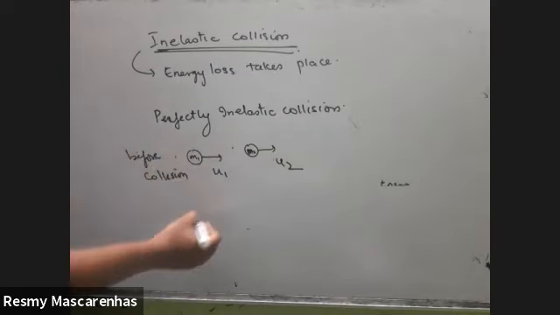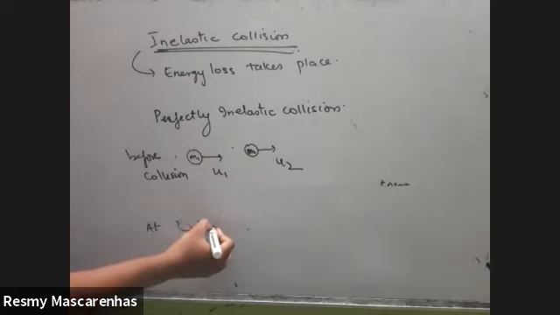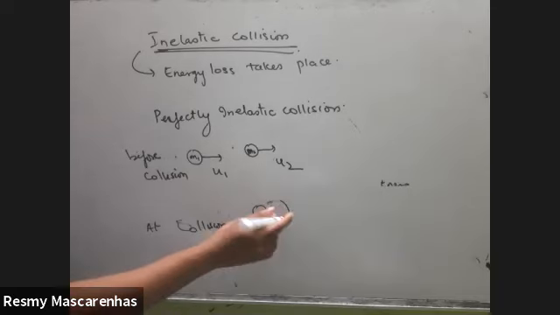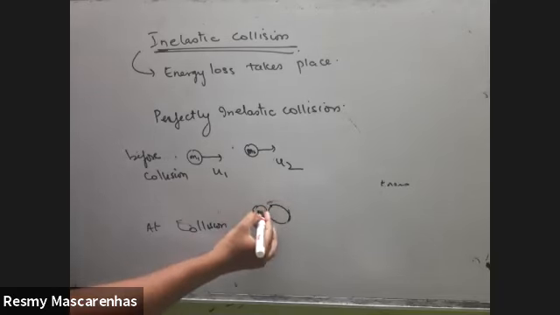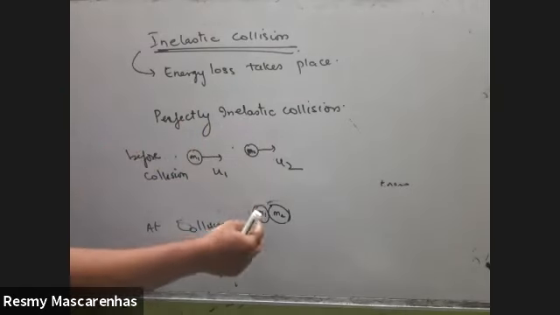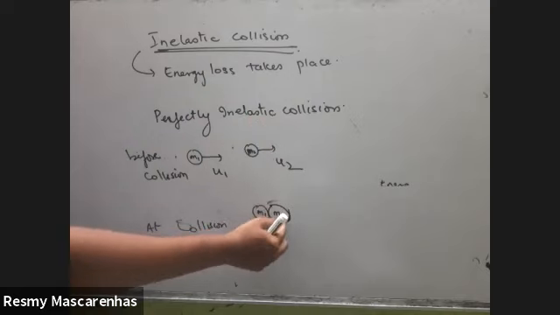Now suppose they collide, this is the second case. This fellow comes and hits this one. Definitely in the previous case they will have different velocities. In a perfectly inelastic collision, this fellow gives his entire energy to this one. He submits all the energy to m2.